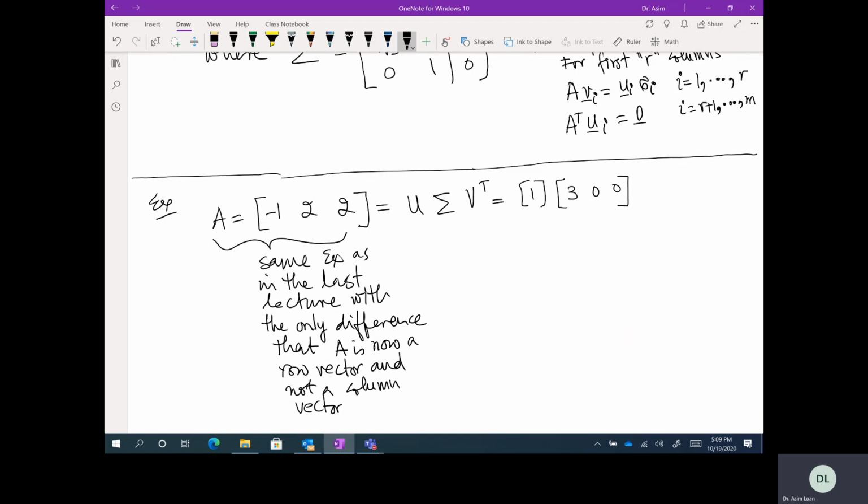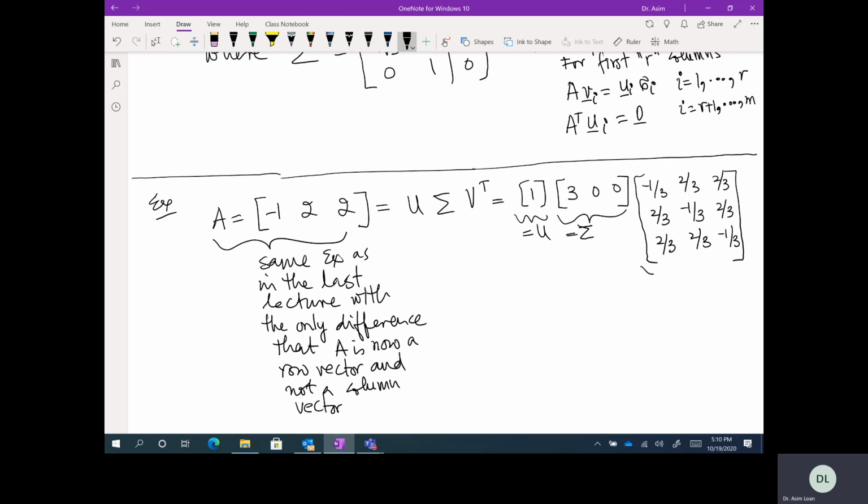So if you do that, this is U, this was V before, this is sigma. Instead of a column, it's a row, and then V is actually U, which was minus 1 over 3, 2 over 3, 2 over 3, 2 over 3, minus 1 over 3, 2 over 3, 2 over 3, 2 over 3, minus 1 over 3, right?